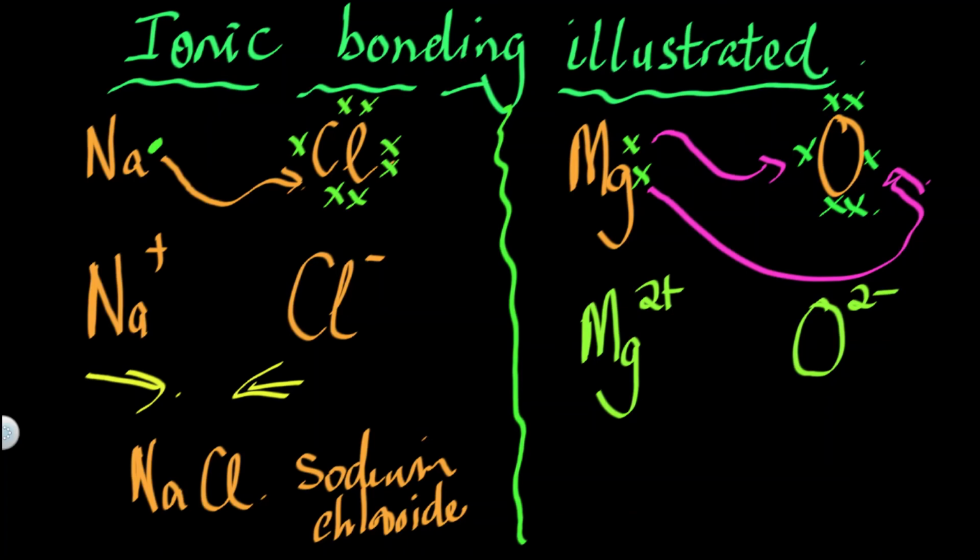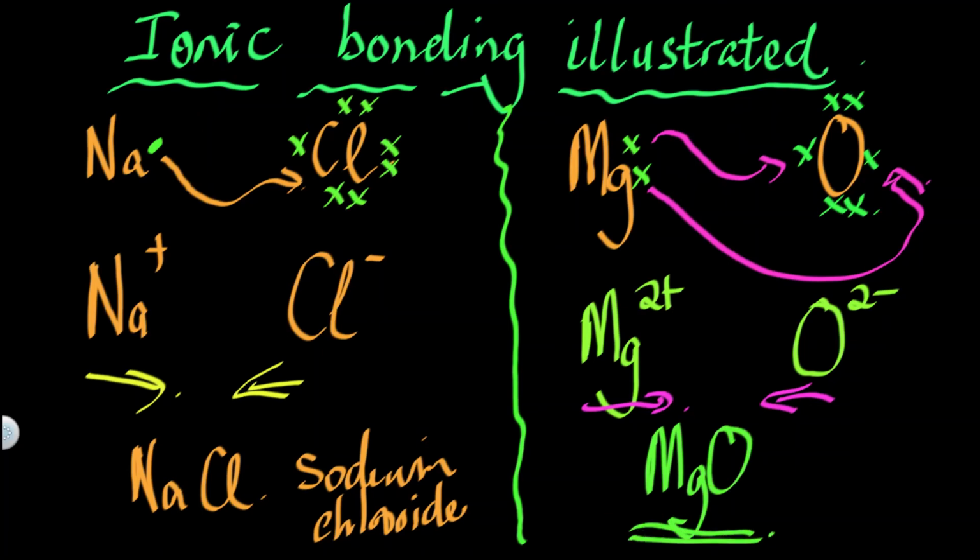We don't say plus 2, we write 2 plus, 2 minus. Now these can come together because there's an electrostatic force here. They attract each other, so they form one compound called MgO. That's why it's written as MgO, magnesium oxide. This is how it happens.